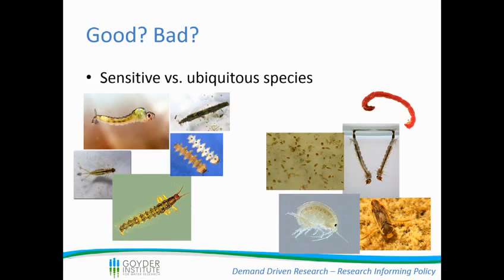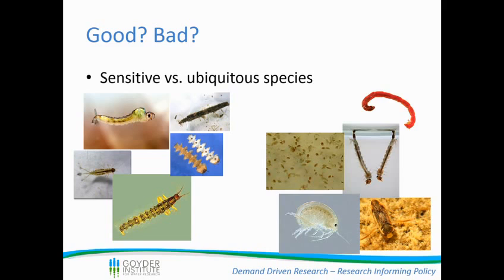So we can look at sensitive species or ubiquitous species. Some macroinvertebrates will grow anywhere. I'm sure that you've all had the experience of leaving a bucket outside, it fills with water, and two weeks later it's full of mosquito larvae. They're a ubiquitous species. They exist pretty much anywhere. But we also have other species which are very rare. They don't occur terribly often.